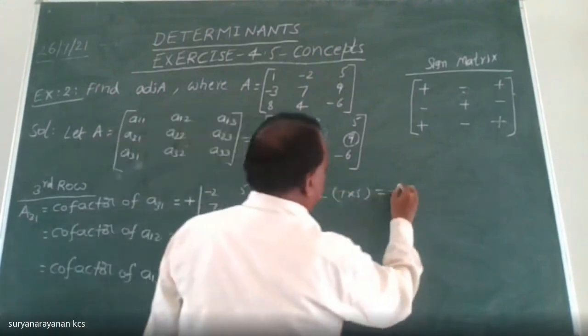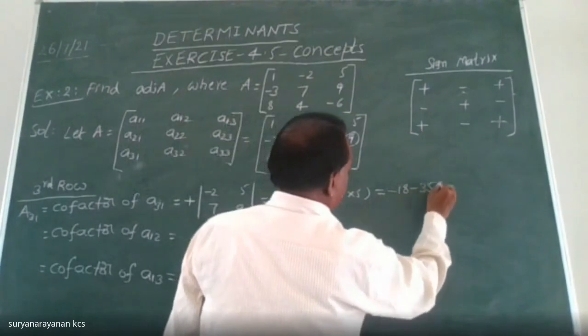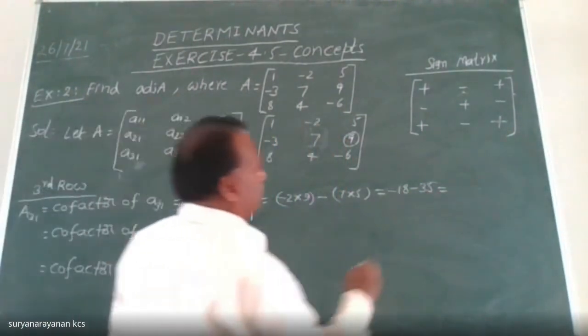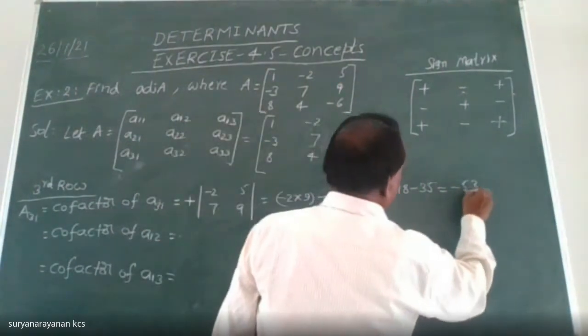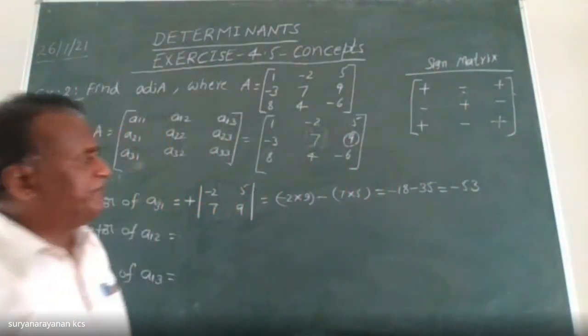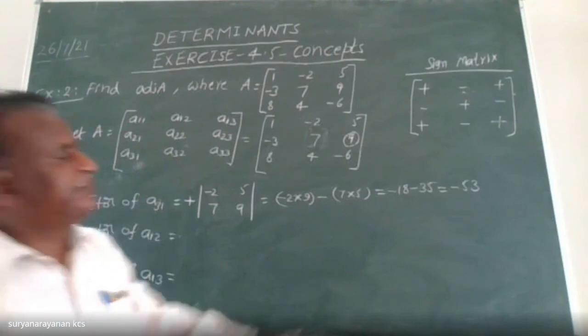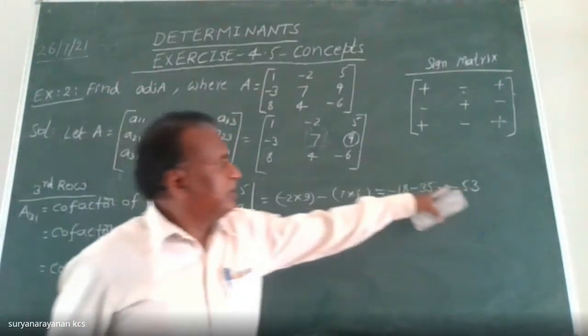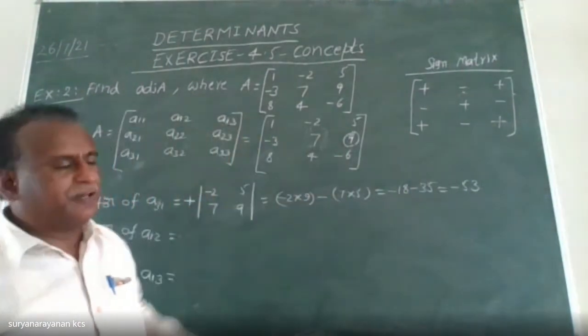What will we get here? Minus 18, minus 35, minus 53. So this is the cofactor of element A31.